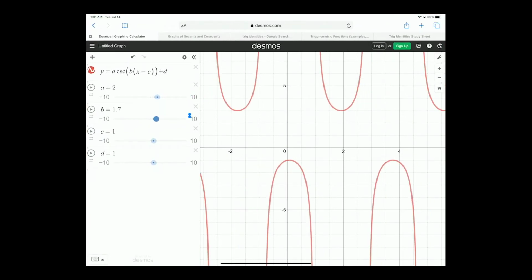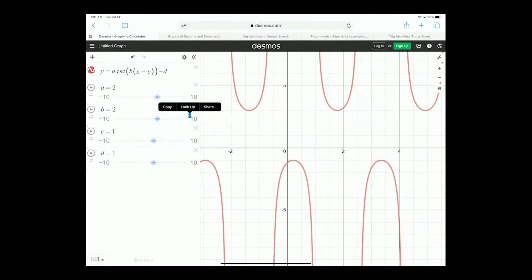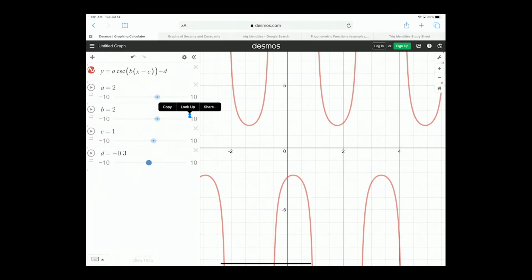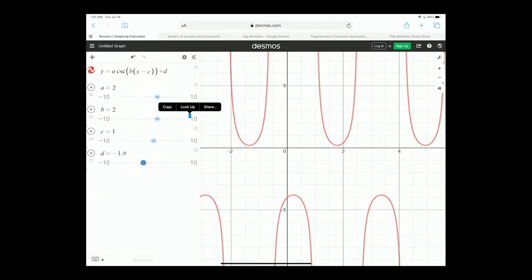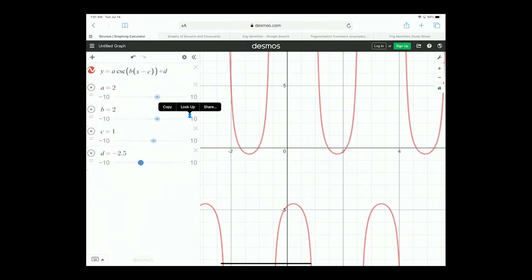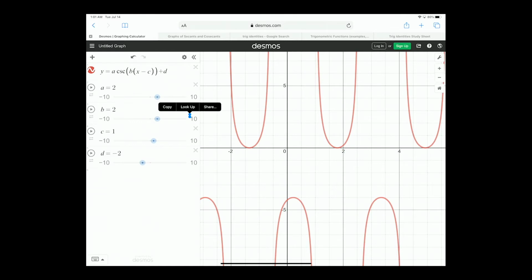So go to B equals 2. Makes it twice as skinny. The D was, I believe, -2 because it's down 2. Like that. So this is already looking a lot like the correct graph, right?